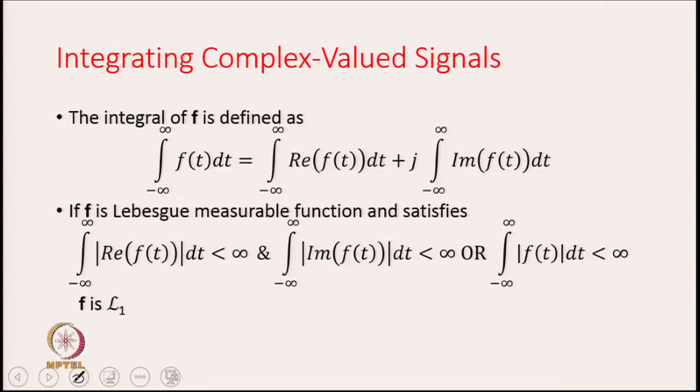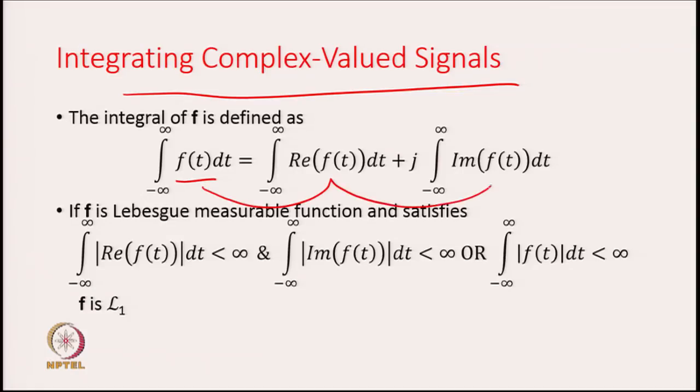Now, if you want to define this for complex valued signals, so far we have been just talking about real valued signals. What happens if we want to talk about these things for complex valued signals? The same thing happens: because it is complex, you can break this function into two parts, real part and imaginary part, and apply the condition for integrability to each part individually, right.